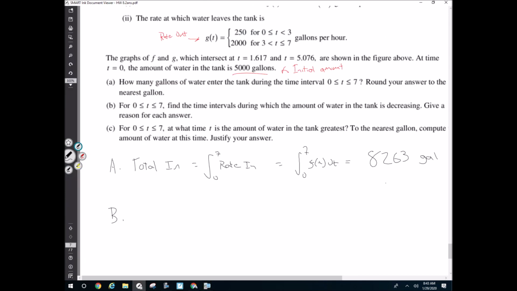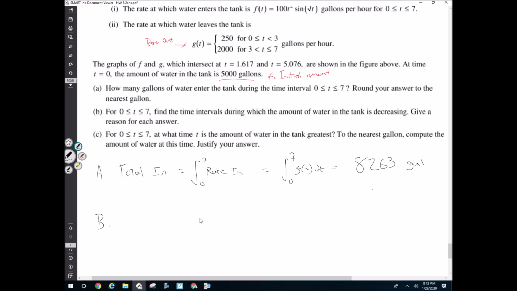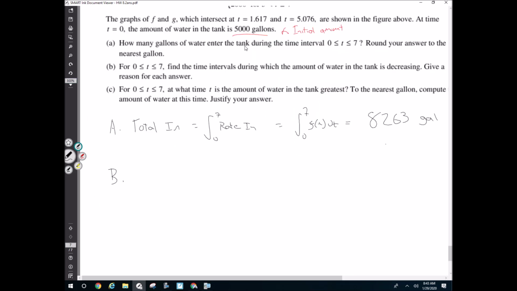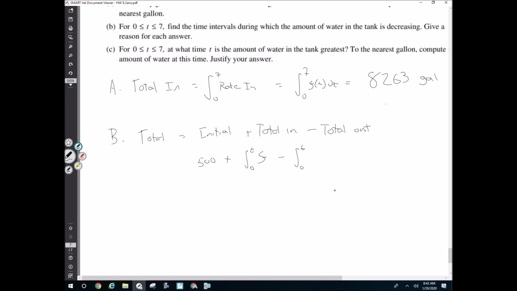For 0 to 7, find the time intervals in which the amount of water in the tank is decreasing. All right, so again, the total in the tank would equal our initial plus our total that's come in minus our total that's gone out. So our initial 5,000, the total in would be the integral from 0 to t of my rate in. Total out would be the integral from 0 to t of my rate out, which is g, which changes. So I'll just leave it as g, but we can talk about that.